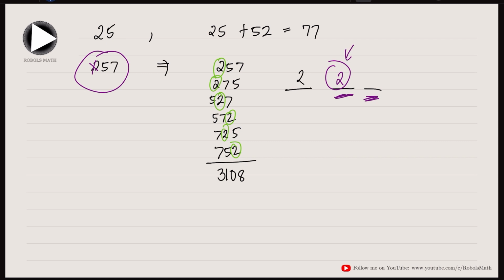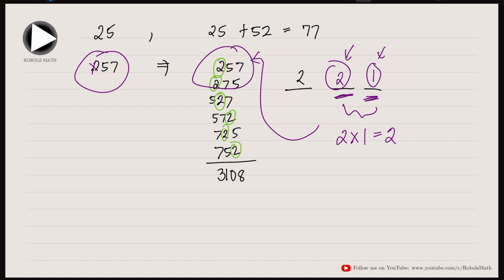And for the last digit, we only have one, since the digits cannot be repeated. So the total number of cases where 2 is the leading digit is 2 times 1, which is 2, which is evident here.